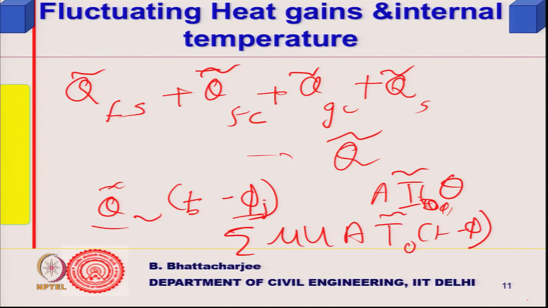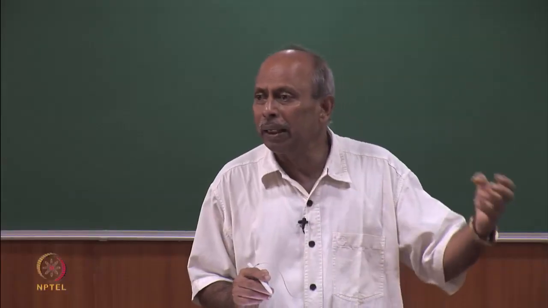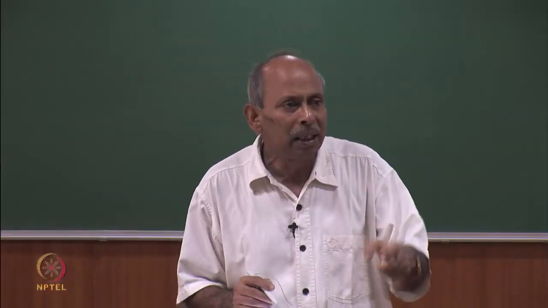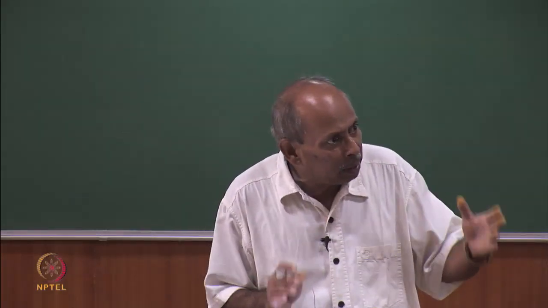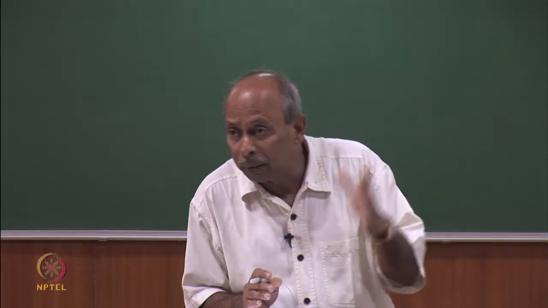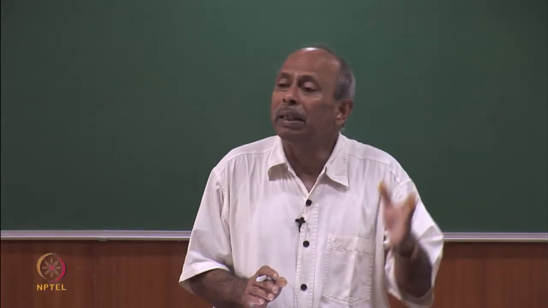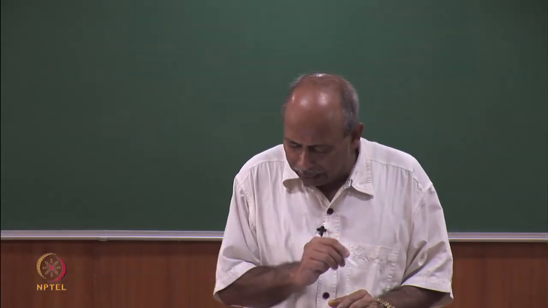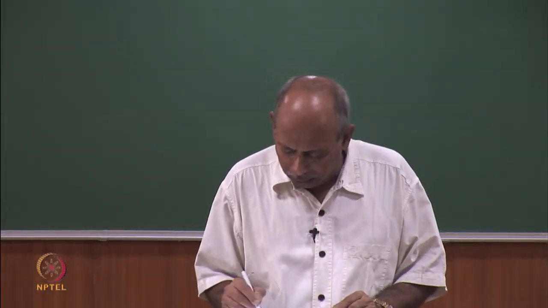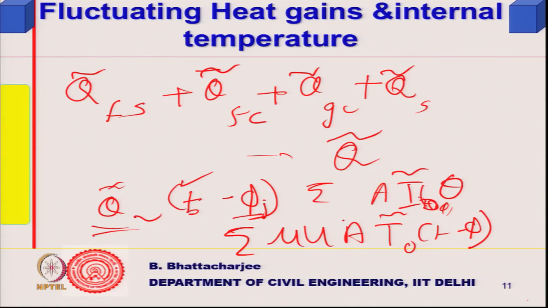Some will come instantaneously, for example direct radiation, but heat conducted through the wall will come later with a time lag. So, I must take all that into account; this is my current time, and this is the amount of heat.